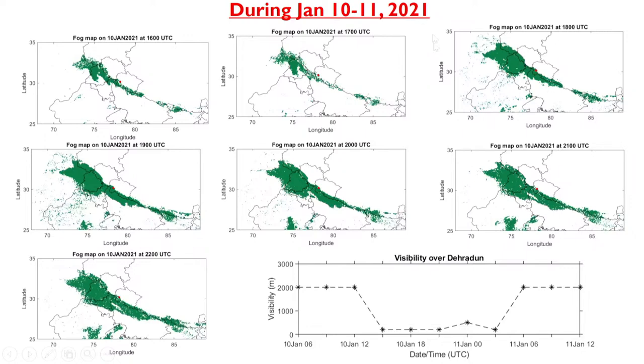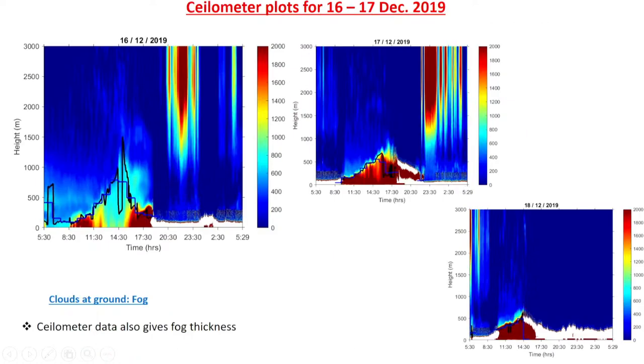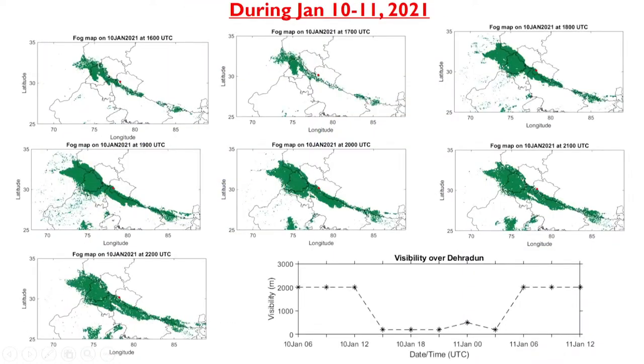Then these are the dates in 2021 when we witnessed fog over Dehradun, on January 10th and 11th. Again the red dot indicates the location of Dehradun, and here I have shown a plot of visibility from the synoptic observations. Previously this was from the ceilometer; this is from the synoptic observation, which is simply visibility.